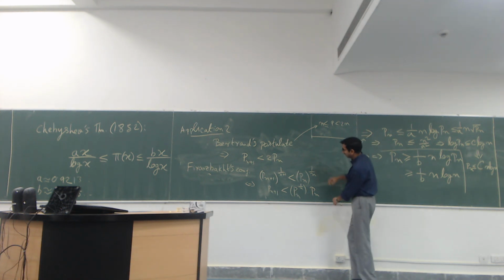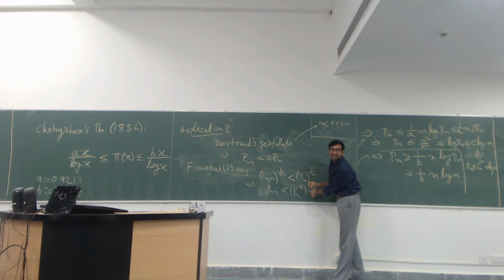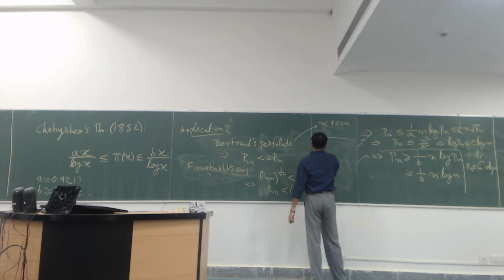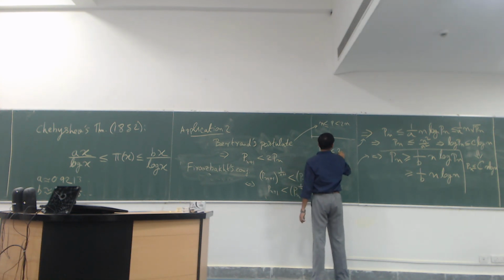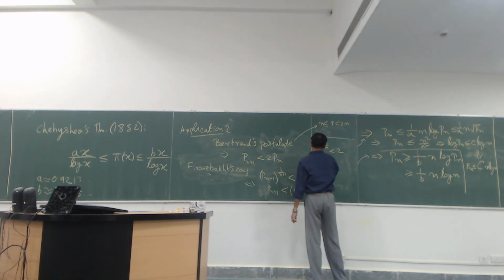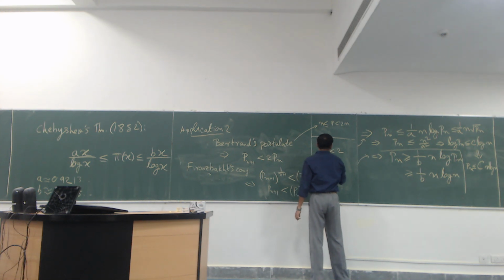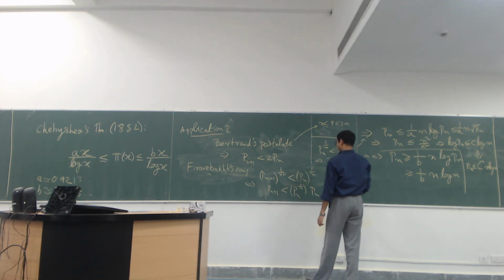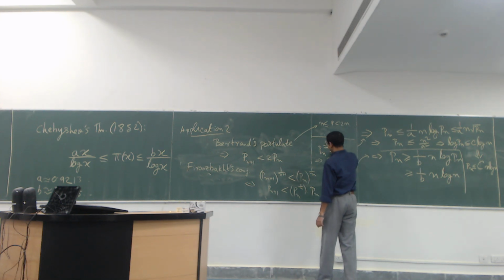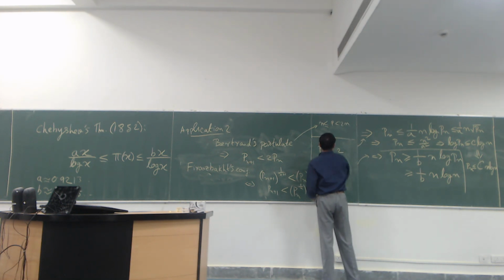So this would have implied this if we had 2 larger than this. And that would require what? If you had Pn to the power 1 by n less than 2, that would mean Pn... Wait a minute. No, you don't have this one. Sorry, you have.